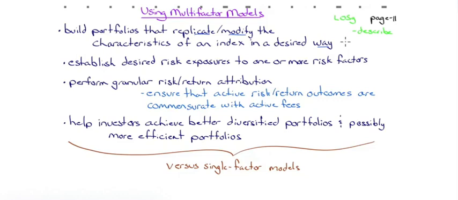And we've seen this in one of the examples where we had a large cap broad-based index and the portfolio leaned heavily into value away from growth. Establish desired risk exposures to one or more risk factors. We saw this in another example where we would use pure factor portfolios to either gain exposure or to hedge out a particular risk exposure.